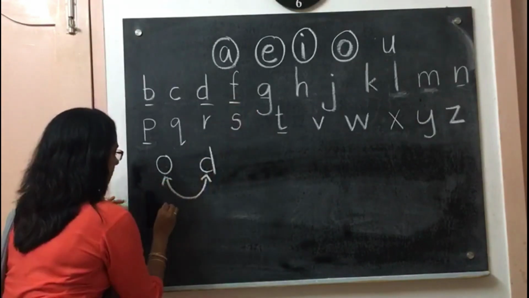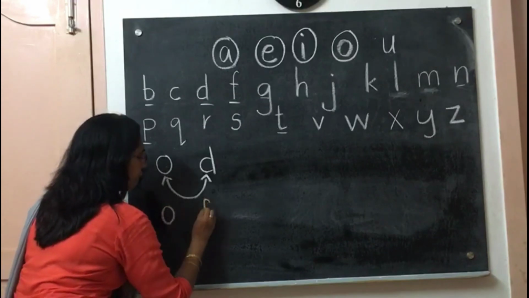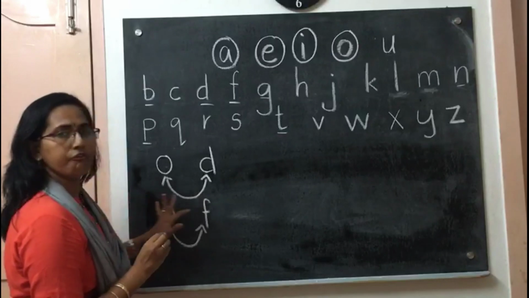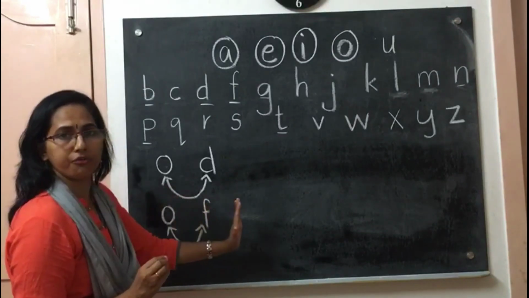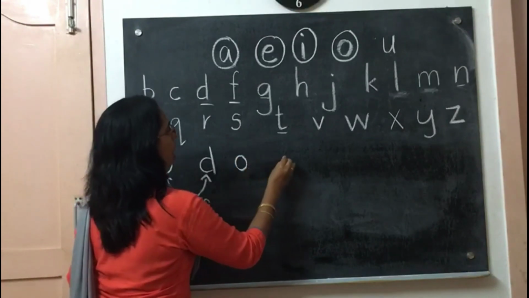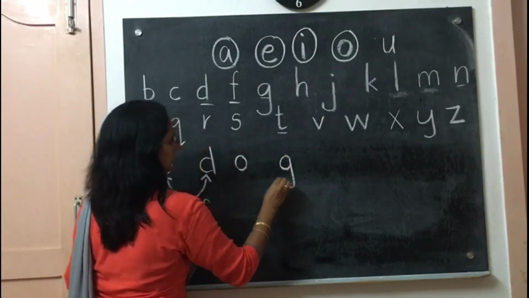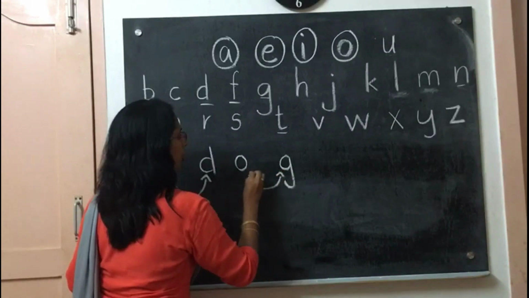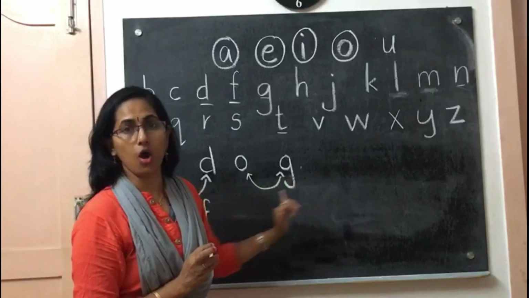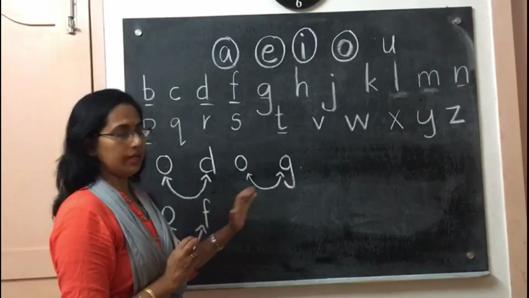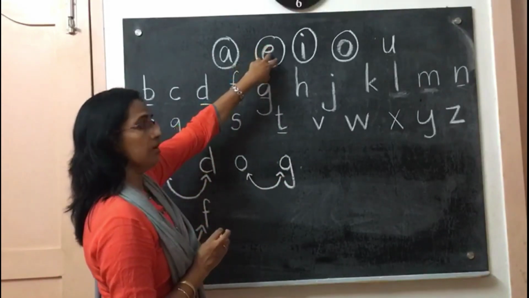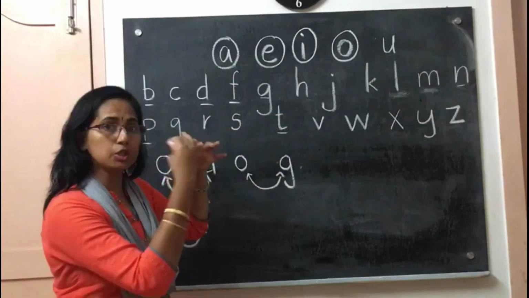Now a vowel with a consonant. This is level 2.